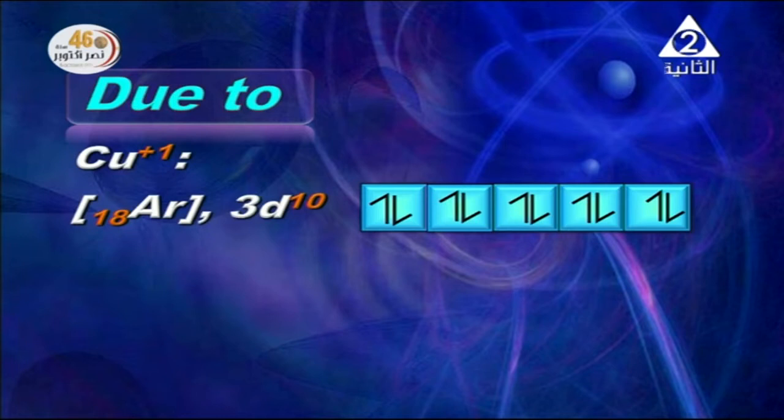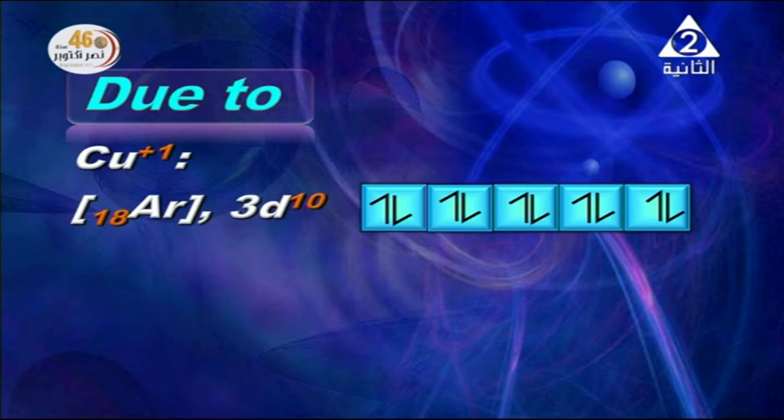As we know, my dear student, copper has atomic number 29, which has an abnormal configuration: argon 18 4s1 3d10. So copper positive 1, by losing the 1 electron from the 4s sublevel, as shown on the screen, has electronic configuration argon 18 3d10.